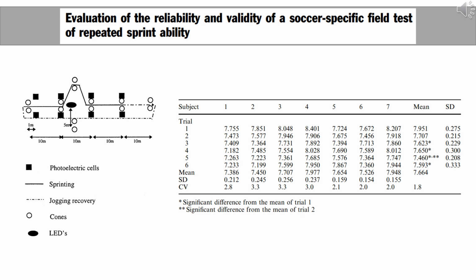And you can see that our CV values never go higher than 3.3, showing that basically across these 7 athletes, we tend to get very, very specific and accurate sprint ability readings.